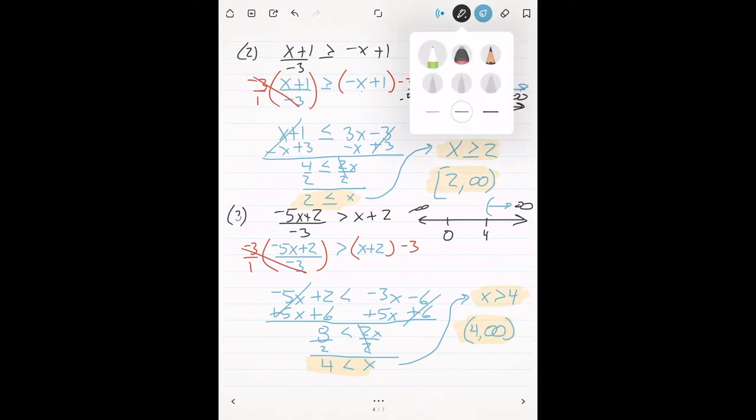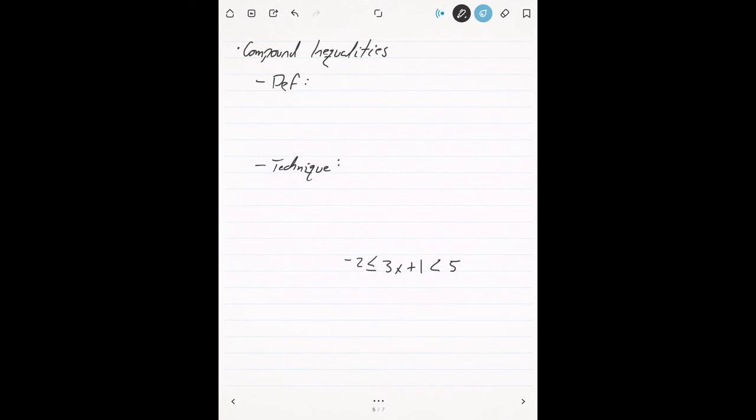What I'd like us to do right now is go ahead and try a little more complicated problems. What I'd like us to do right now is to talk about the idea of compound inequalities. Compound inequalities are collections of inequalities.